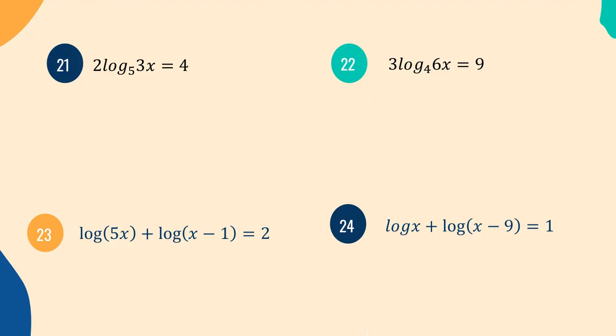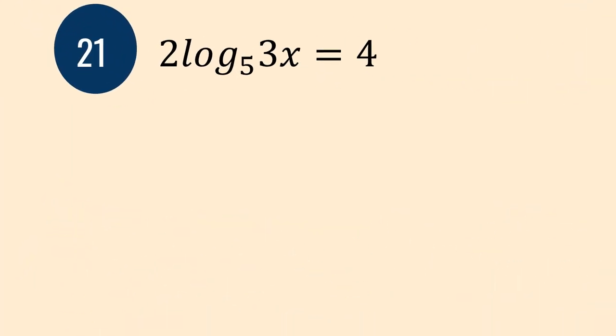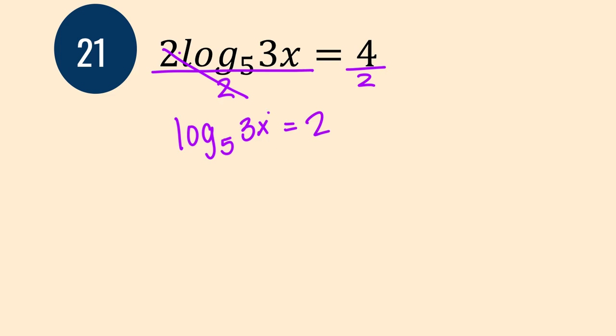All right, going to the next slide, let's go to number 21. Looking at number 21, again, we're still trying to get x by itself. This is 2 times log base 5 of 3 times x. So getting rid of that 2, I have to divide both sides by 2. That gives me log base 5 of 3x equals 2. If you want to keep this in parentheses, you can.